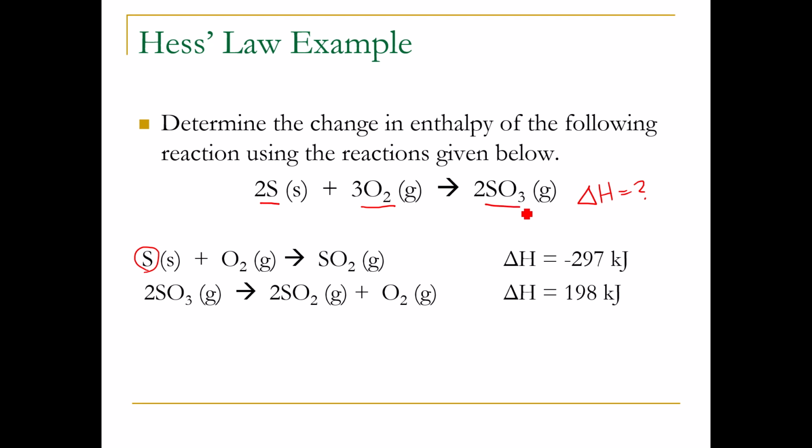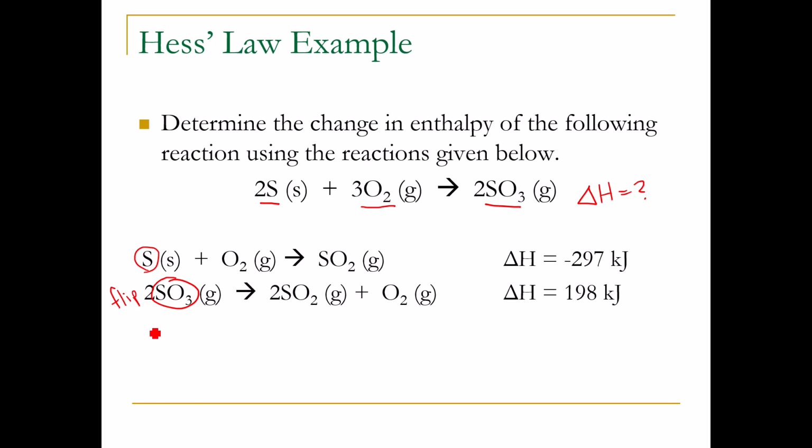Let's look for SO3. SO3 is again only in one of the equations. It's down here in the second equation. But I need SO3 to be on the right side, the product side, and right now it's on the left side of this one. So that means I need to flip this second equation around.